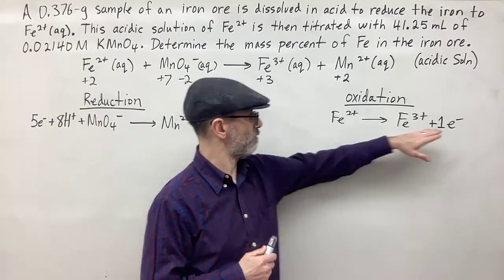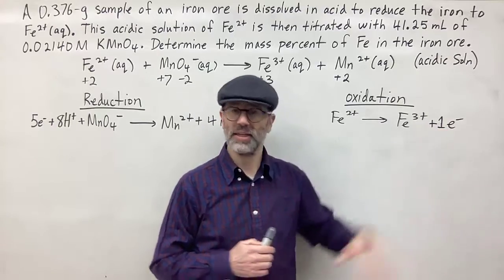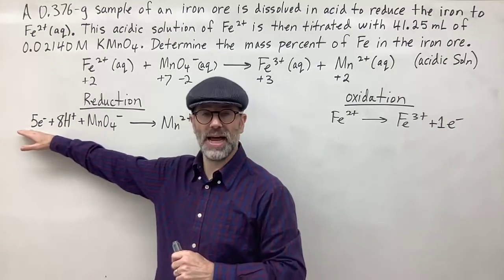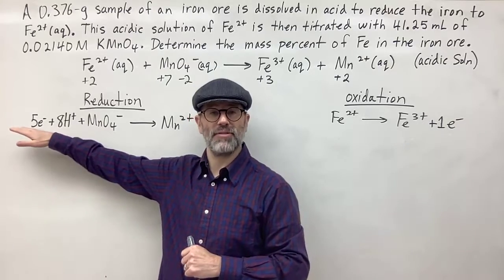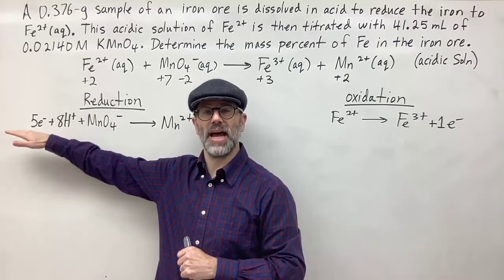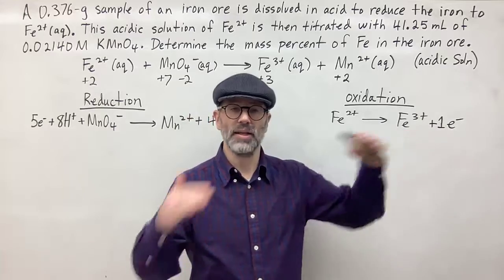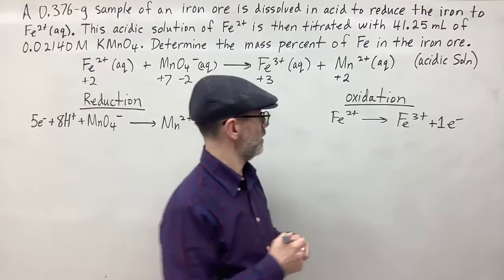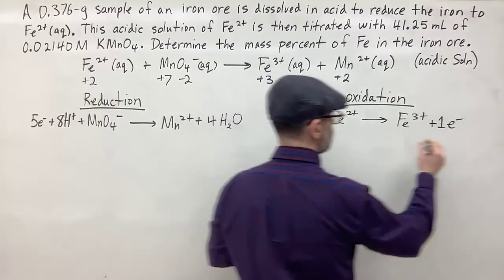Notice here that I have 1 electron as a product. Here I have 5 electrons as a reactant. If I have the same number of electrons as reactants and products, they'll cancel out. So that means that I need to multiply this by 5.